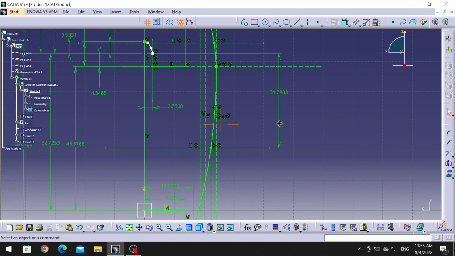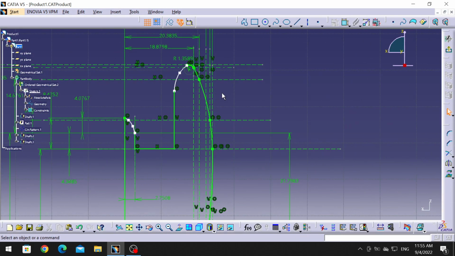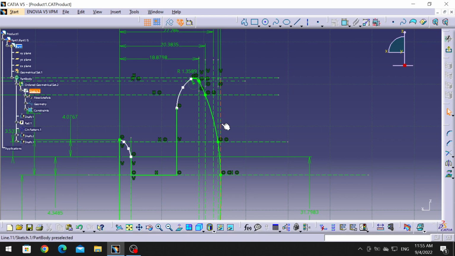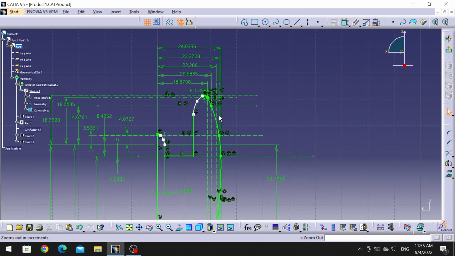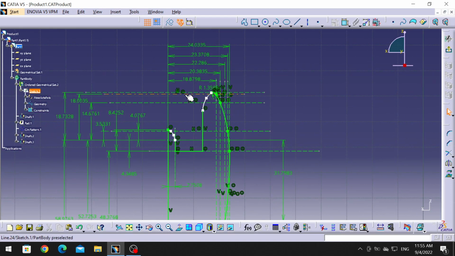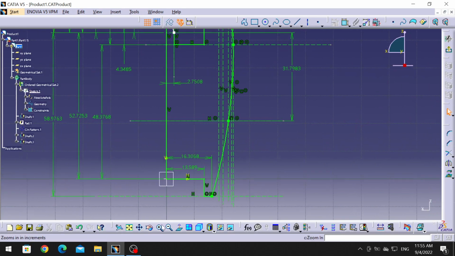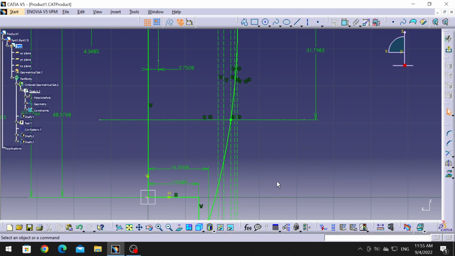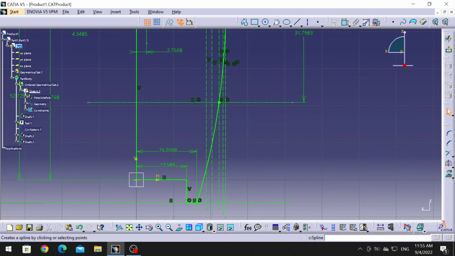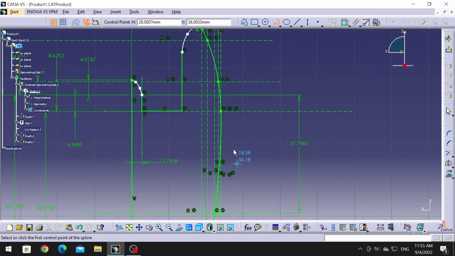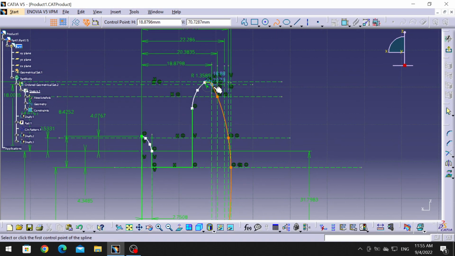As you can see, I already drew several reference lines, both vertically and horizontally. Therefore, to form the curve carefully, I selected the correct intersections over here for each curve point.